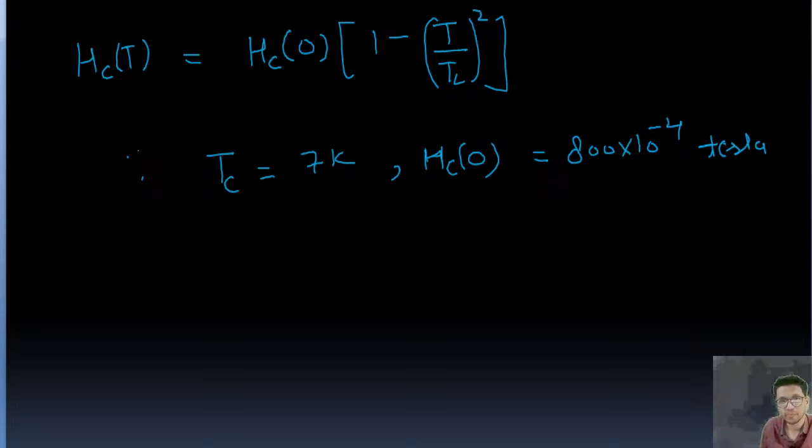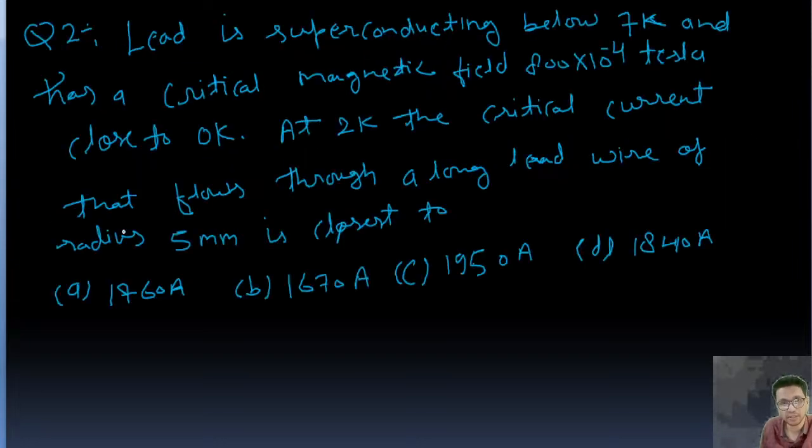Now what I'm going to do is find the critical magnetic field at a temperature of 2 Kelvin. We need to find the critical current at 2 Kelvin that flows through a long lead wire of radius 5 mm. First I will find the critical magnetic field at 2 Kelvin, and after that I will find the critical current.